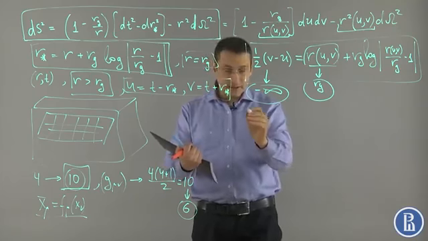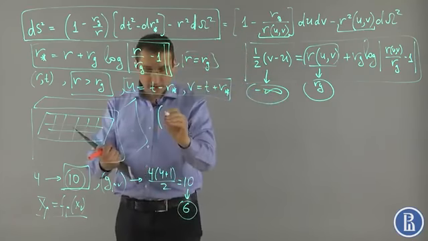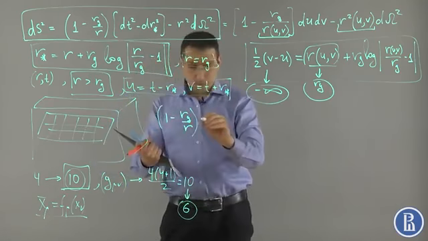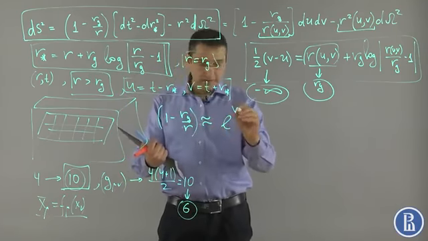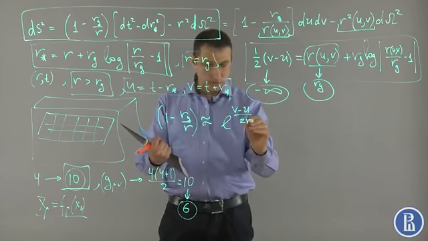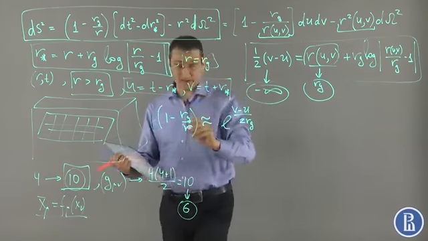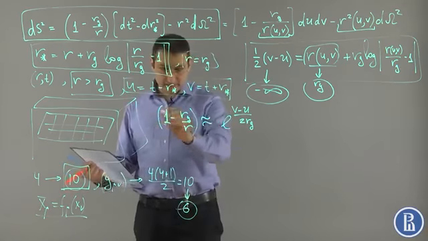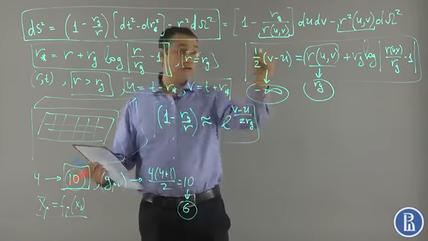So approximately we can drop this term off and keep only this. Then in this limit, in this approximation, we can write that 1 minus rg divided by r is approximately equal to v minus u divided by 2rg. So this is the approximation. And now we can use this here.